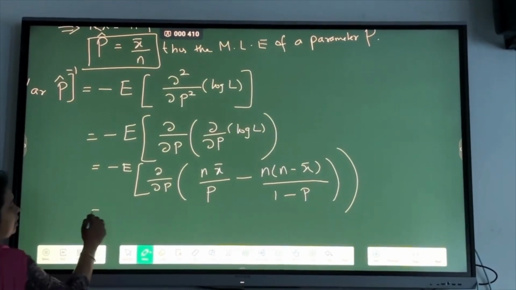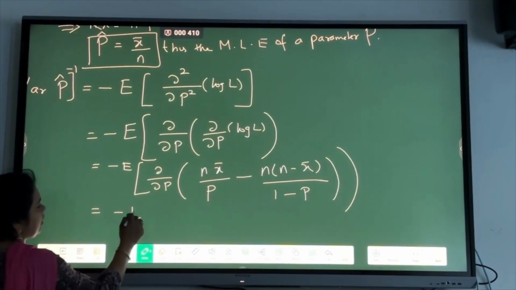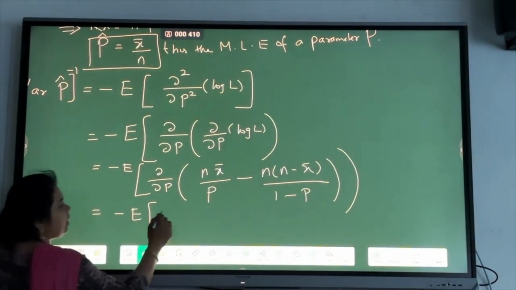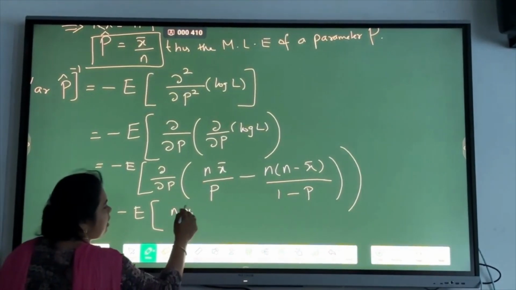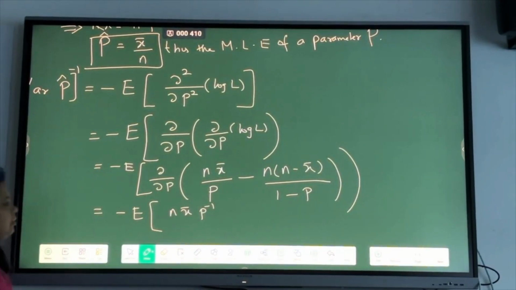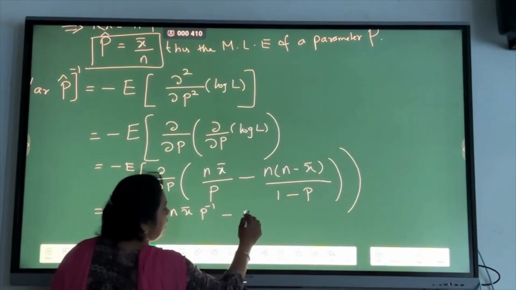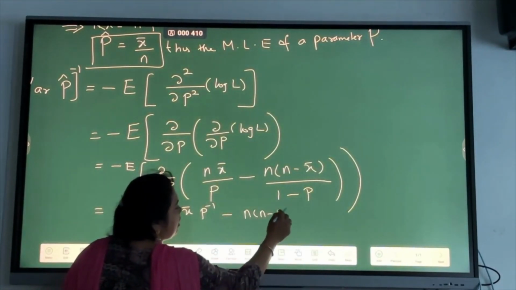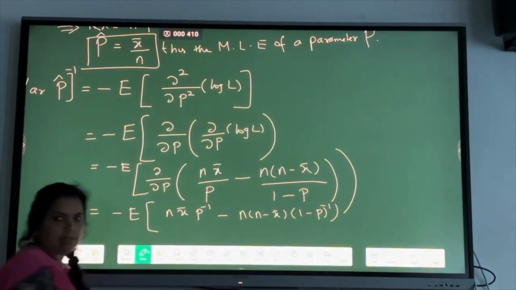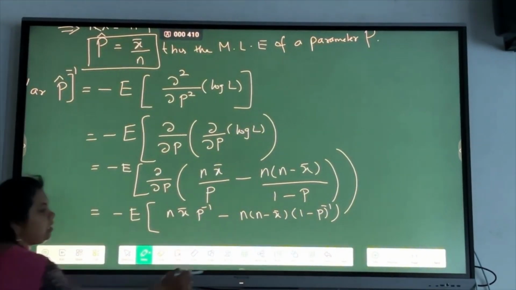So what will you get now? Once again we are going to differentiate with respect to P only. Look here: this is n x bar P to the power minus 1, and this is n into n minus x bar, 1 minus P to the power minus 1. That is the meaning. Got it?